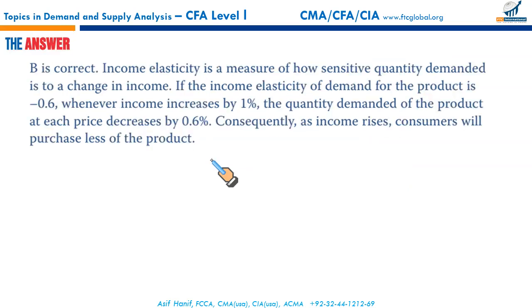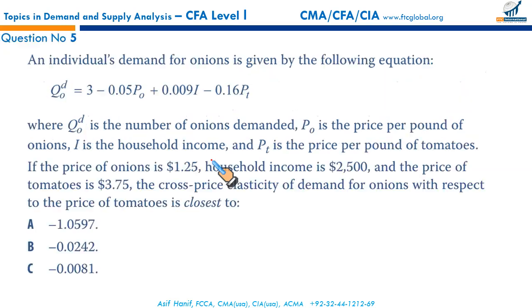All right, next. An individual demand curve for onions is given by the following equation. Quantity demanded for onion is equal to 3 minus 0.05 PO, where PO is the price of onions, plus 0.009 I, where I represents the household income, minus 0.16 PT.